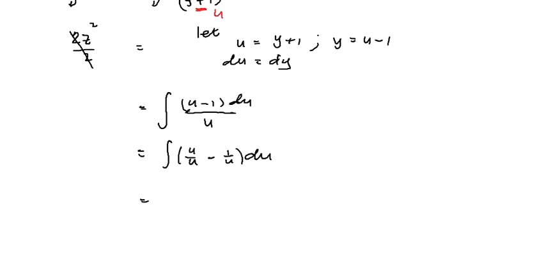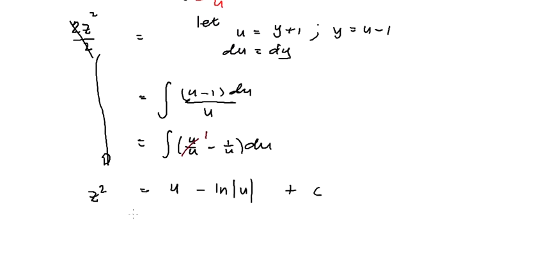By the way, this u over u is just 1. So we have the integral of 1 du, so we have u minus the integral of 1 over u, which is equal to ln of absolute value of u. Then let's bring down this z squared, then our plus c. Let's write our constant of integration on this side.